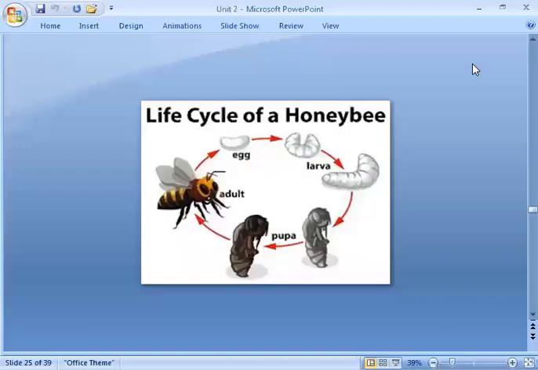So, student, here is a life cycle of honeybee. Life cycle of honeybee starts from egg, to larva, to pupa, to adult. Repeat with me. Life cycle of honeybee starts from egg, larva, pupa, adult.